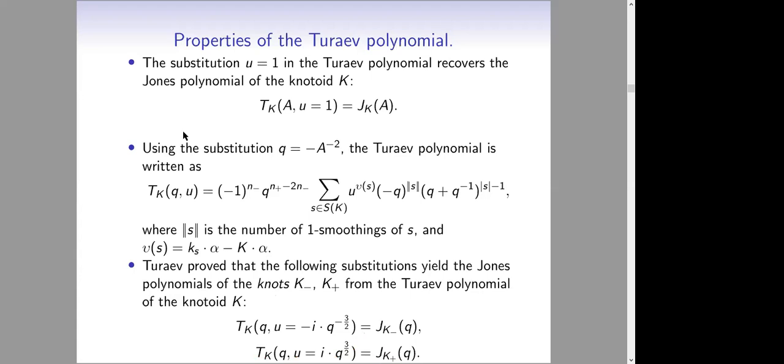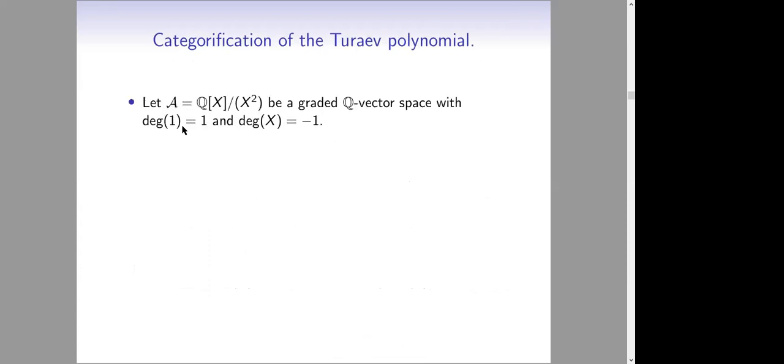So next, the next thing is how to categorify the Trayer polynomial. The first thing is that we have this graded vector space that has two generators. This curly alpha is generated by 1 and x, where we define x to have degree -1 and 1 to have degree 1, and x squared is 0.